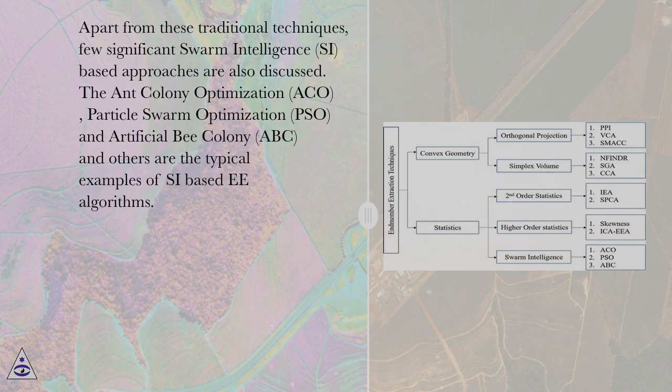Apart from these traditional techniques, a few significant swarm intelligence, SI, based approaches are also discussed. Ant colony optimization, ACO, particle swarm optimization, PSO, artificial bee colony, ABC, and others are typical examples of SI-based EE algorithms.